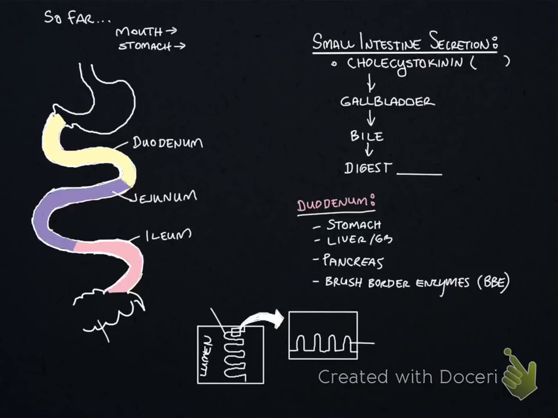In the first part of the small intestine, the duodenum, is where we see the majority of digestion occurring. So the most digestion occurs in the first part of the small intestine, the duodenum. In the jejunum is where we see the majority of absorption.